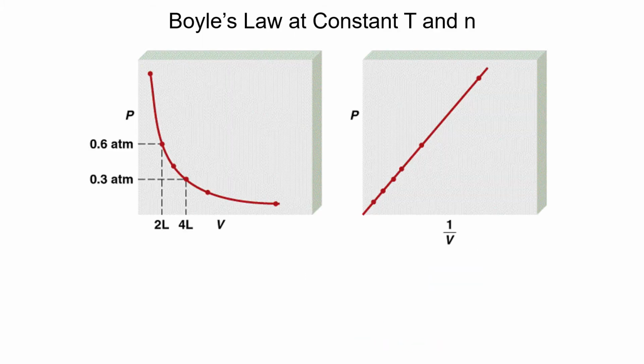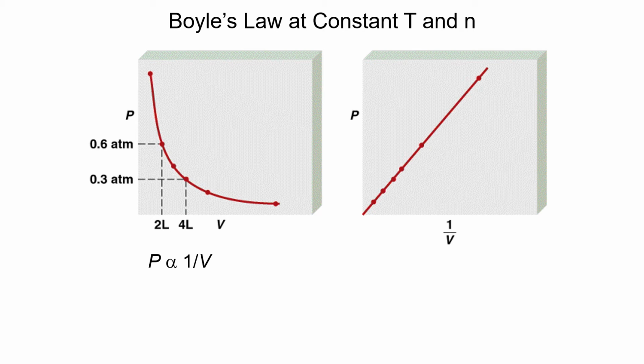So we can plot these relationships. And the graph on the right is, I'm sorry, that should have been on the other side over there. This is reflected over here.